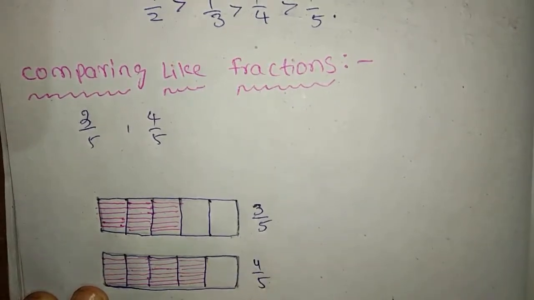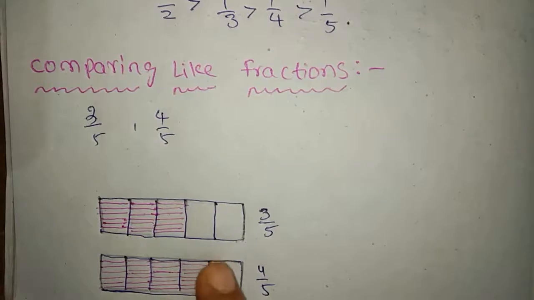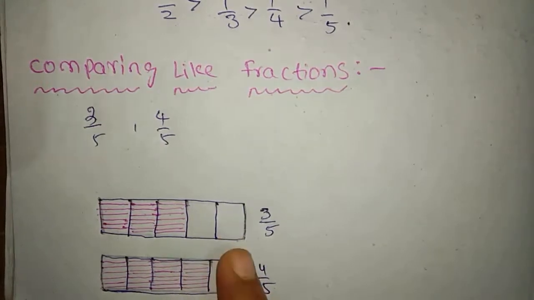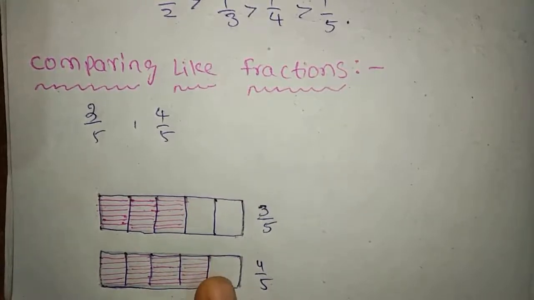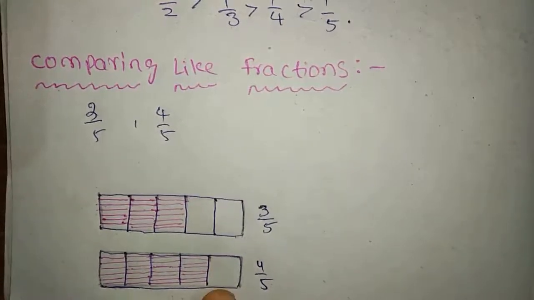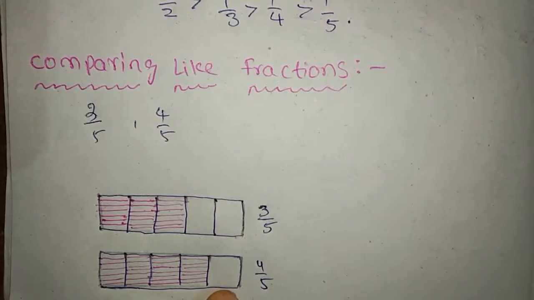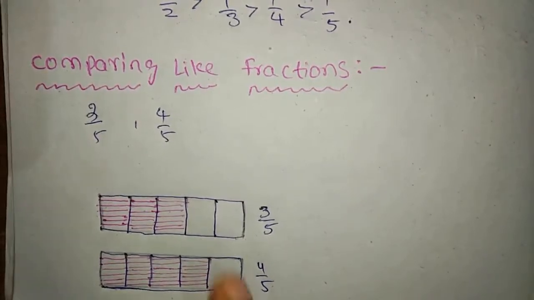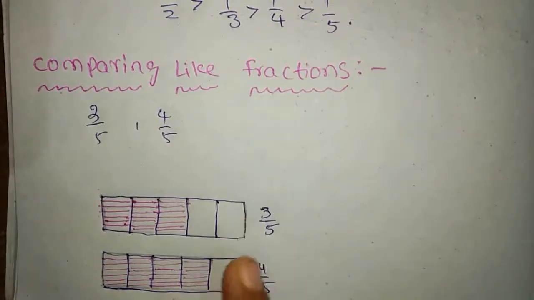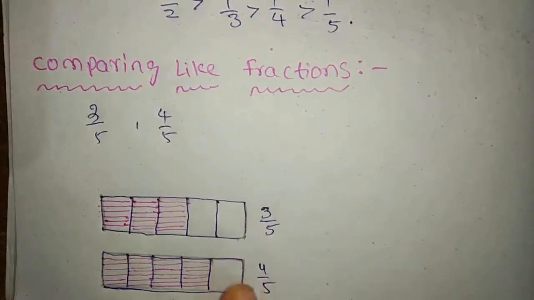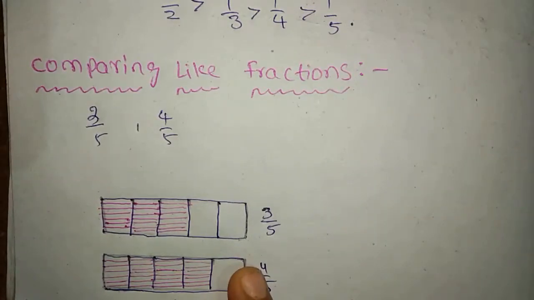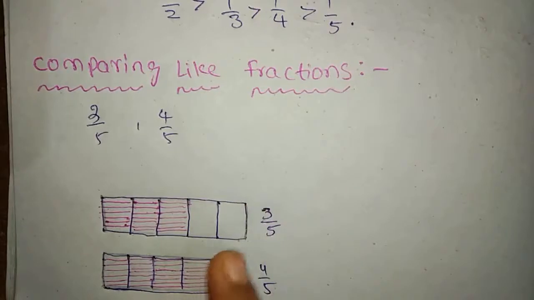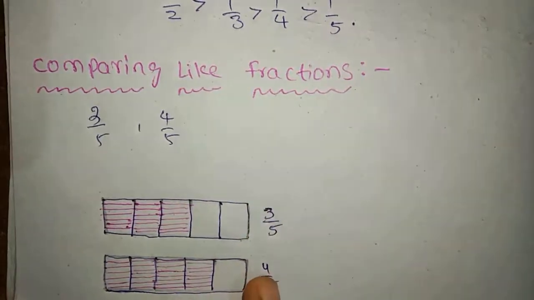Now, in which rectangle are more parts shaded? We can easily say that in the second rectangle more parts are shaded. So the second fraction is more than the first fraction, or the first fraction is less than the second fraction.